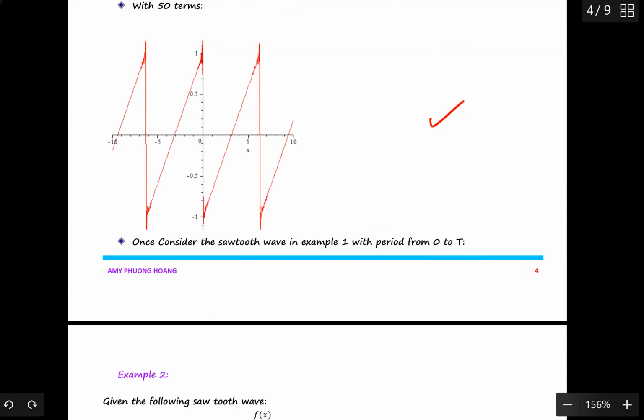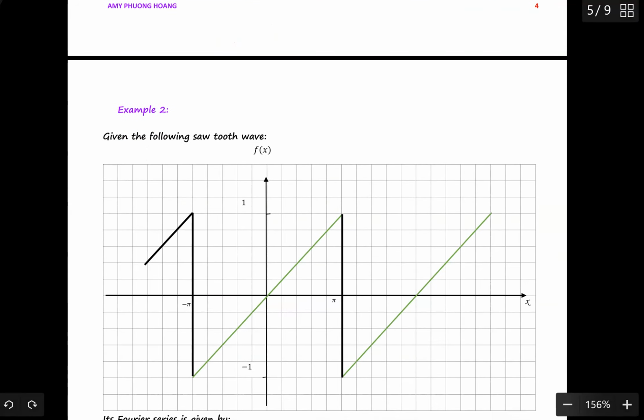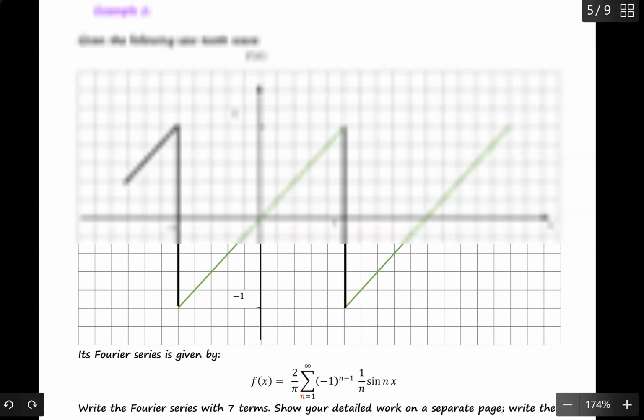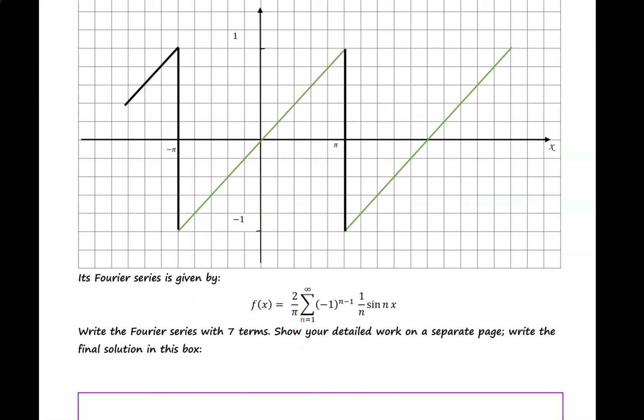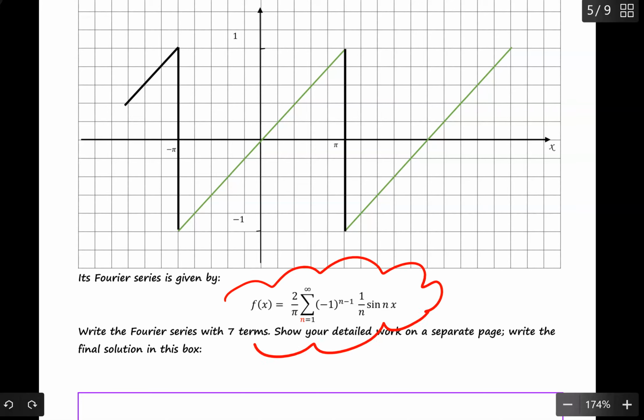Okay. So let's work with this example. In this sawtooth wave, I have to find the Fourier series. But finding the Fourier series for this is pretty simple because it's already given for me as f(x) equal to this formula.